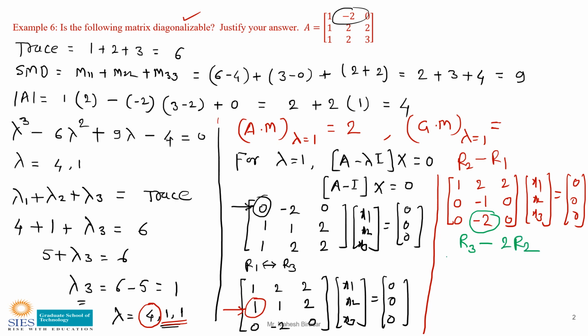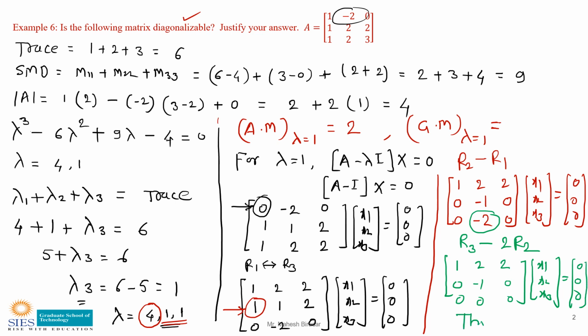If you do this operation, we will get here 1, 2, 2, then 0, minus 1, 0, and 0, 0, 0 into x1, x2, x3 is equal to 0. All of you note here, now this is the reduced row echelon form, RREF.